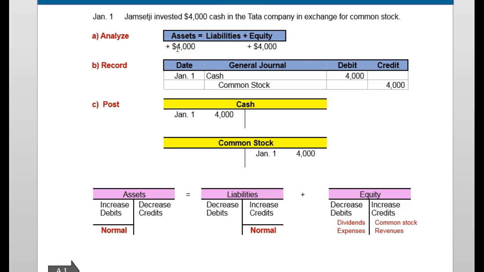We increase assets, increase liabilities or owner's equity. Here's the journal entry. Here's the posting. And we look across the bottom. And you can see that this will all balance out if you were to write it out in the equation.